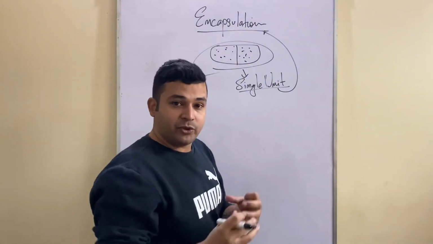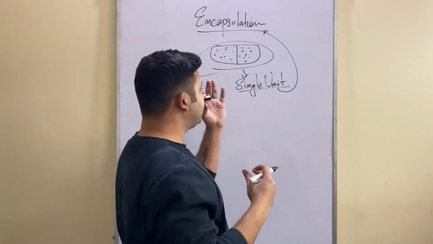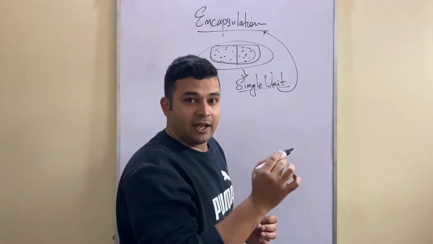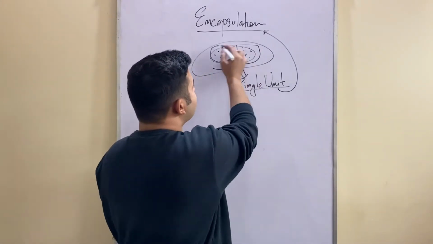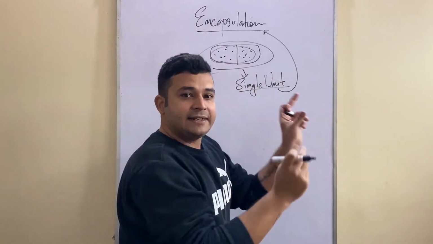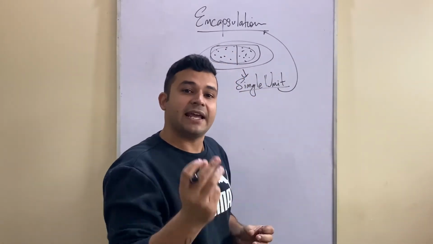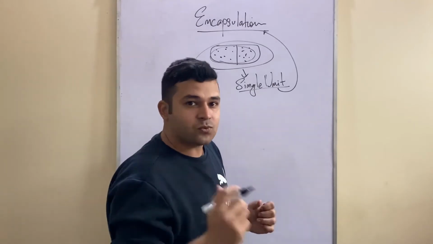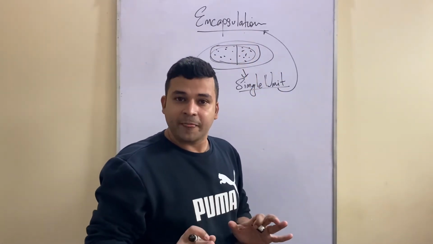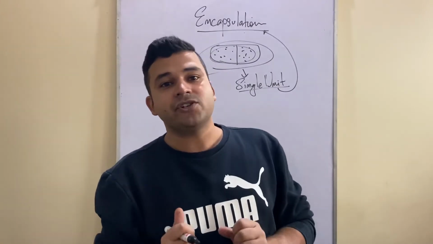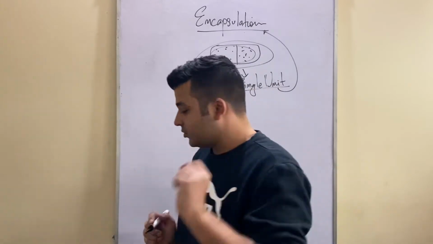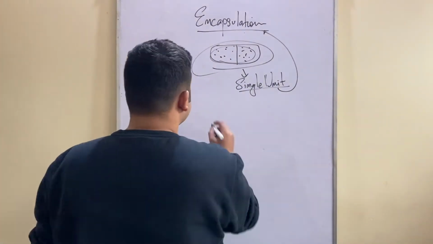Suppose, as a manufacturer of this particular capsule, I am hiding the actual data and presenting the end result to the customer as a single unit. That's what encapsulation means. Now, encapsulation plays a very crucial role when it comes to two important things.